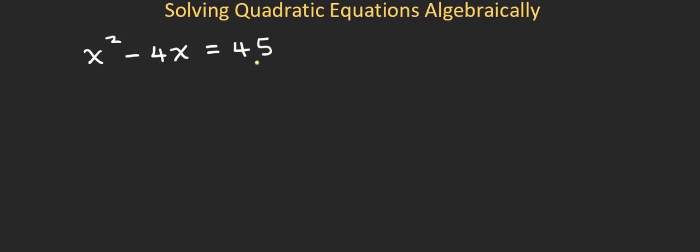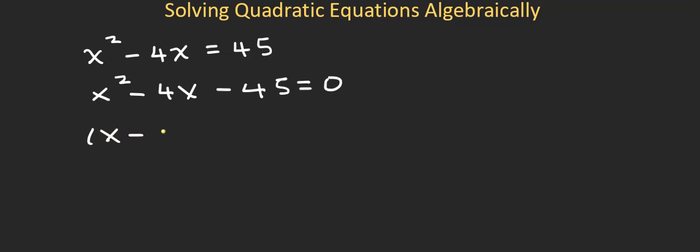So in order to solve this, we need to move 45 to the other side. So you get x squared minus 4x minus 45 equals 0. And now what you could do is factor. So you get x minus 9 times x plus 5.